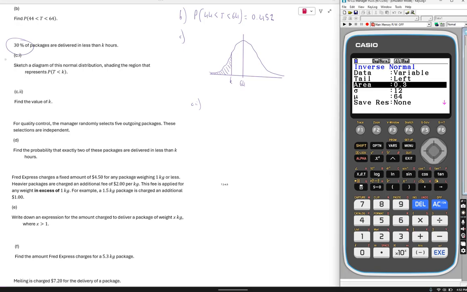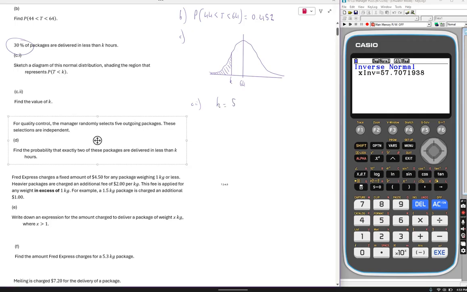That's why my area here is 0.3. The standard deviation is 12, just like it was. The mean is 64, just like it was. Press equals, and we get K equals 57.7. Okie dokie, next part.